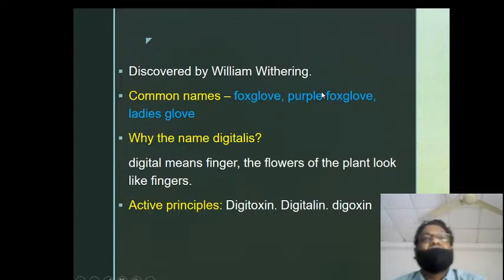Because the color of the flowers is purple, it is called purple foxglove, and it is also called lady's glove. The name digitalis has come from the flowers, which are arranged like fingers. The active principles are digitoxin, digitalin and digoxin.